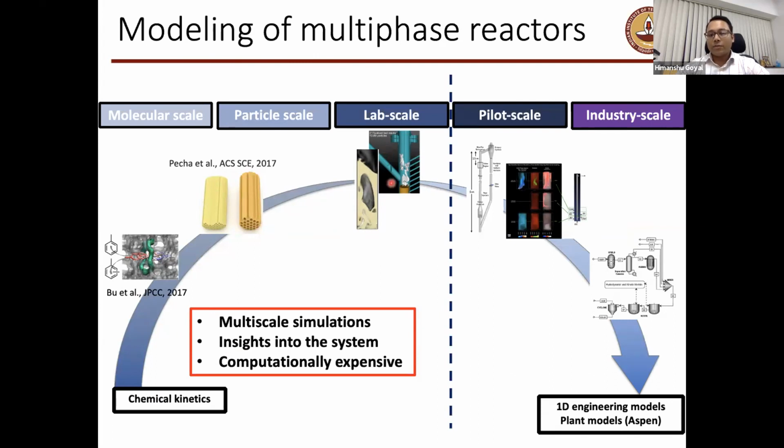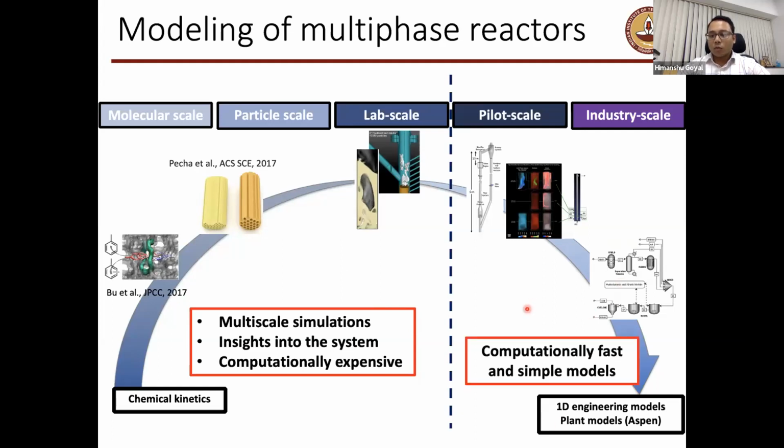Then again, we can validate them with lab scale experiments, which can be done in an academic setting. So these simulations we develop provide deep insight into what is happening at each scale and how different scales are coupled together, but they are computationally expensive and cannot be used for scale up and industrial level optimization.